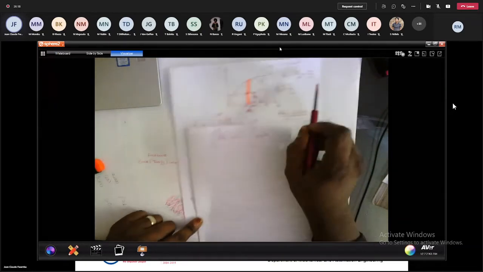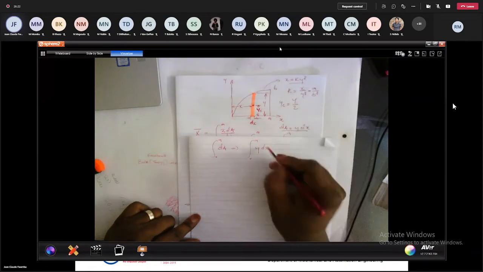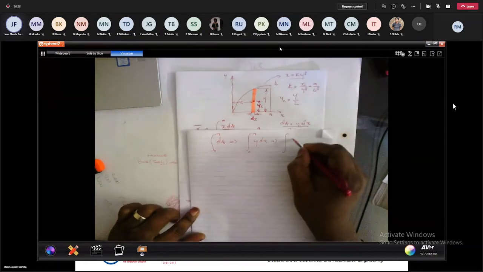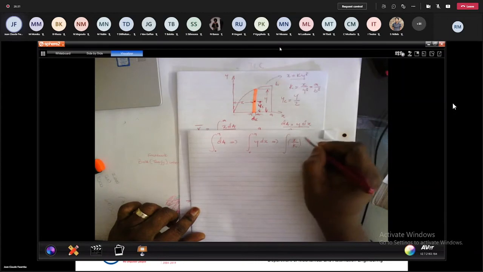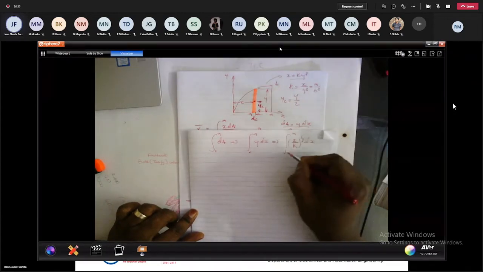I go back into my function. Let me express it in terms of y. So it will be x over k exponent 1/3 dx within my limit.